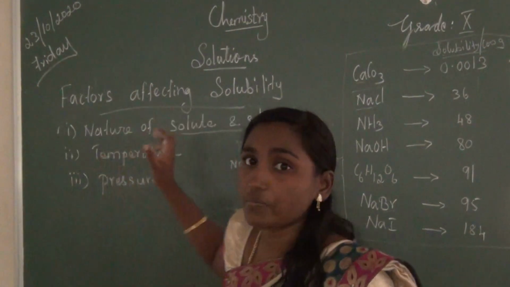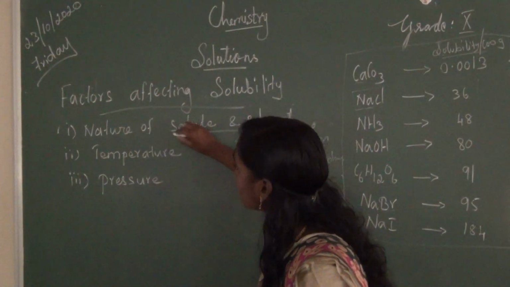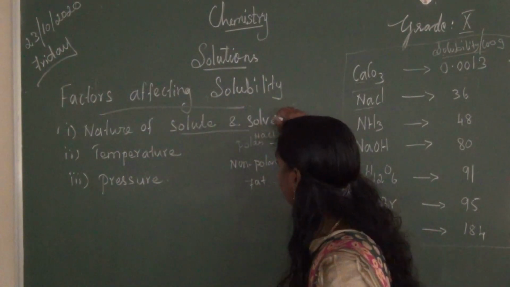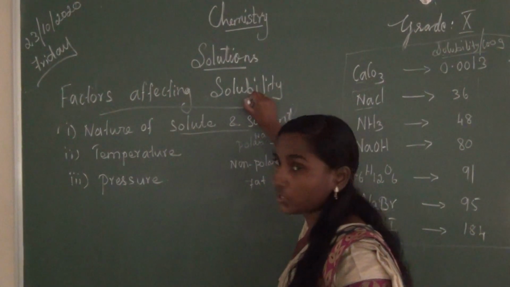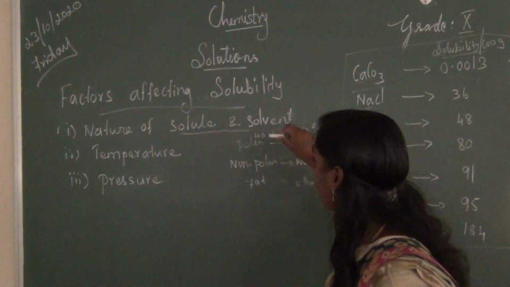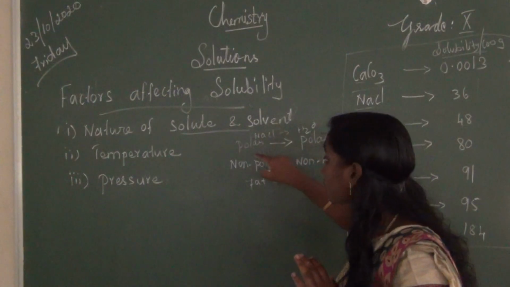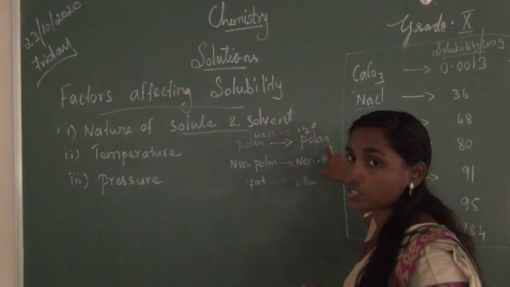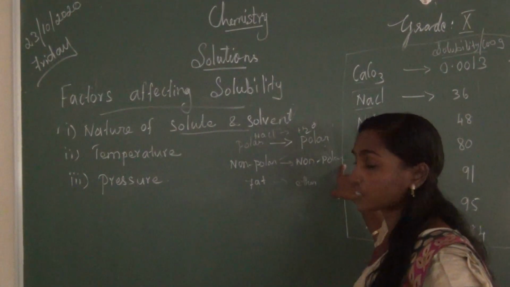This is the nature of solute and solvent. Have you understood the first paragraph? Here the first point: solute and solvent play an important role in solubility. Water does not dissolve everything. Polar compounds can dissolve in polar solvent, and non-polar compounds can dissolve in non-polar solvent.